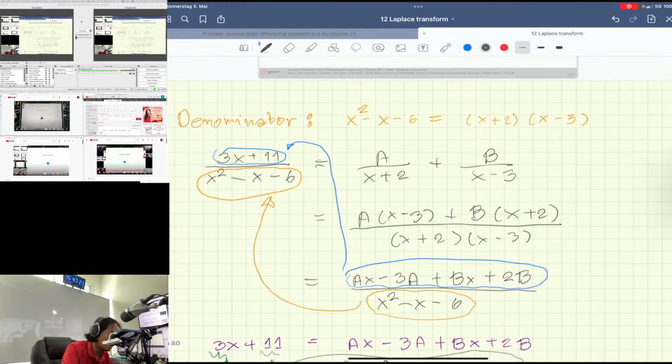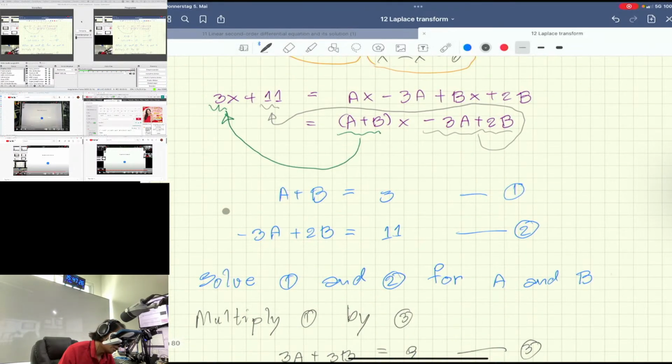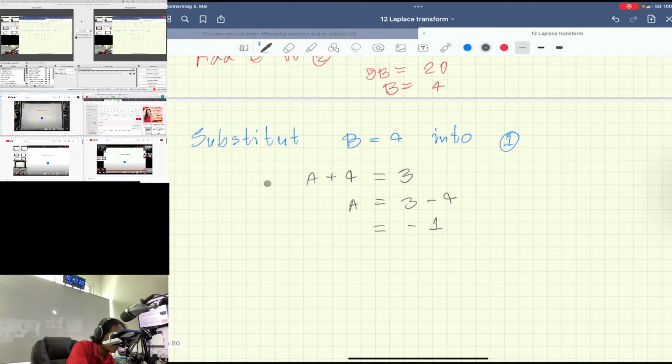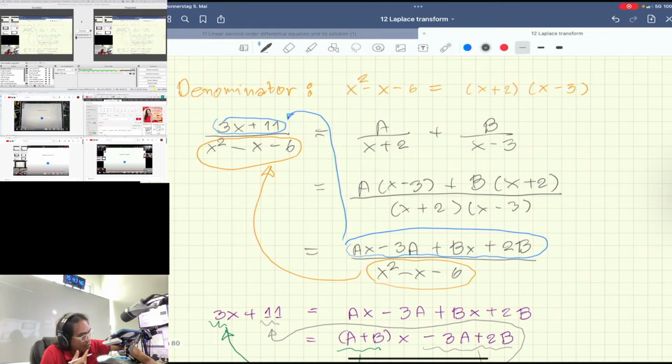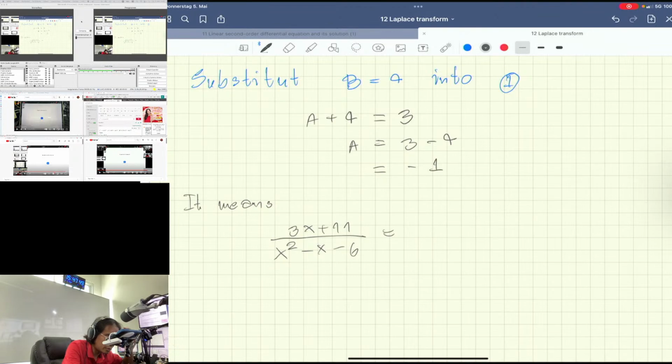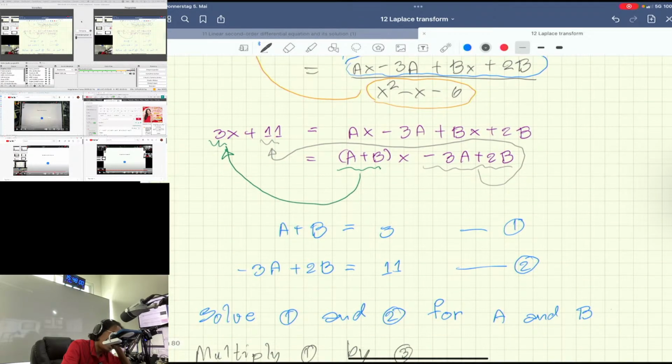So it means this ratio, 3x plus 11 over x squared minus x minus 6, can be decomposed into a divided by x plus 2, so minus 1 over x plus 2, plus b over x minus 3.